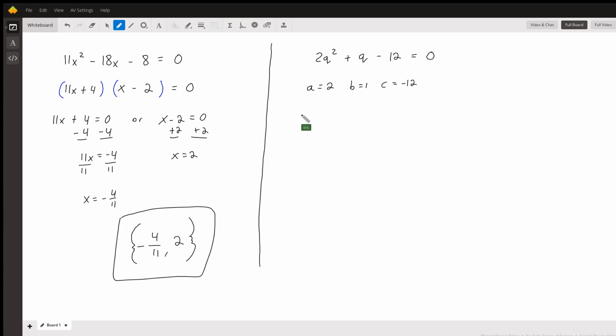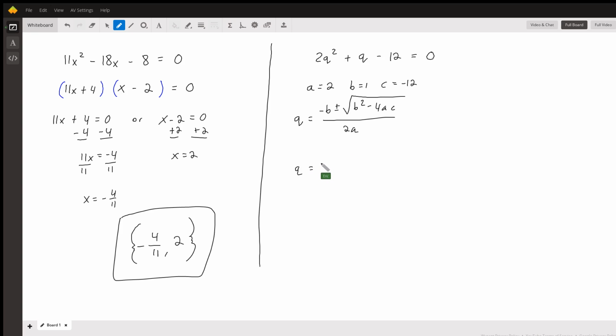Now we can write the quadratic formula, which is q in this case equals negative b plus or minus the square root of b squared minus 4ac, over 2a. I'm going to write this a little bit farther down just so we have a little bit more room.